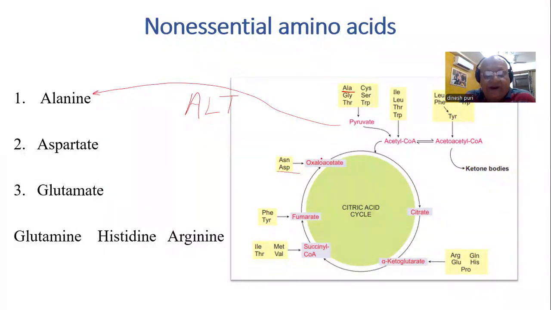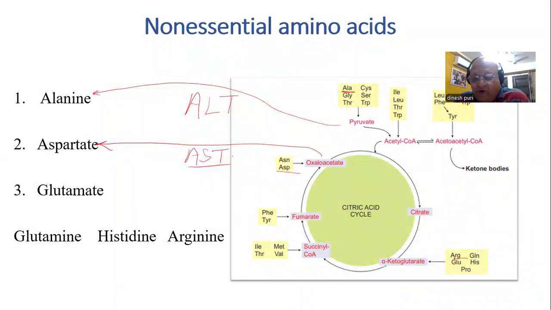Oxaloacetate can form aspartate by the same transamination reaction catalyzed by a different enzyme called AST, aspartate transaminase. These two enzymes will be very important for you. You will learn it very soon.